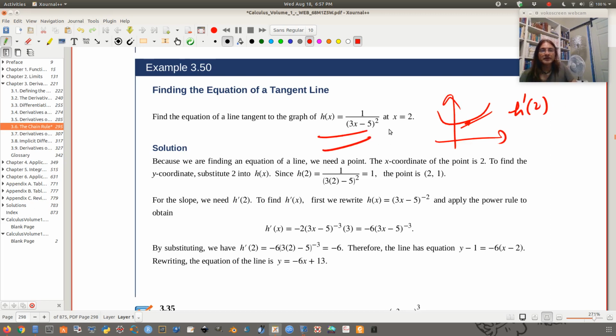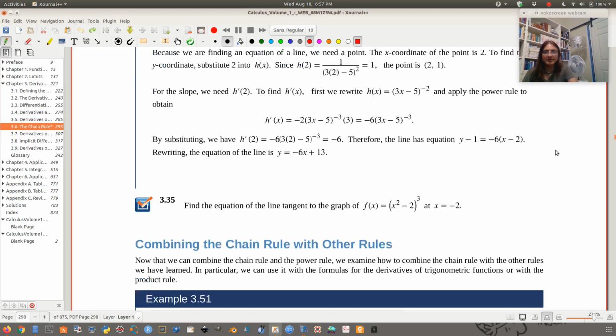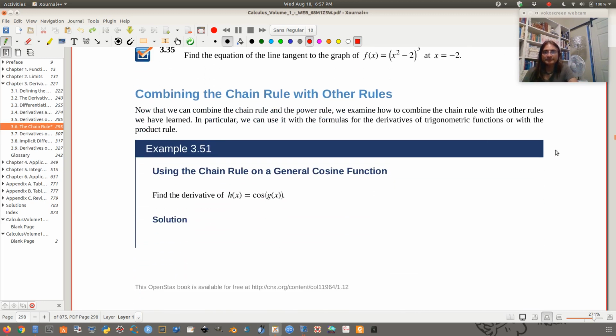So take the derivative, apply x equals 2, find h prime 2, and then we know the point is 2, and then evaluate h at 2. Once you know that, then y minus h of 2 over x minus 2 equals h prime of 2. Take this on that side and you get the equation of the tangent. Just go through the details here. I won't keep doing these tangent line examples.